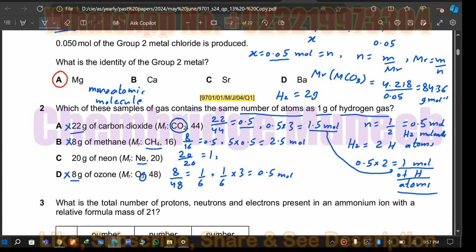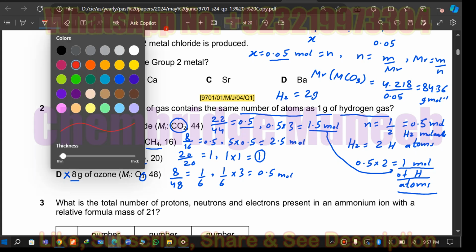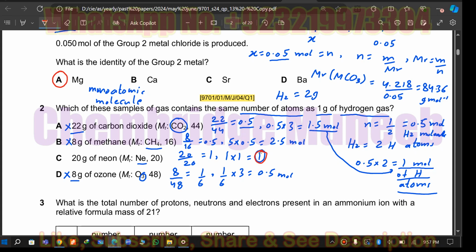Now since it is a monoatomic molecule, it also contains 1 atom, so this 1 will be multiplied by 1 and the answer is still 1. And this is the mole of the atoms present in the neon molecule, and neon is made up of only 1 atom, so that is the value which matches with the 1 mole of the hydrogen gas. So I can say this 1 mole matches with this 1 mole of the hydrogen gas, and that's why the correct option becomes C.